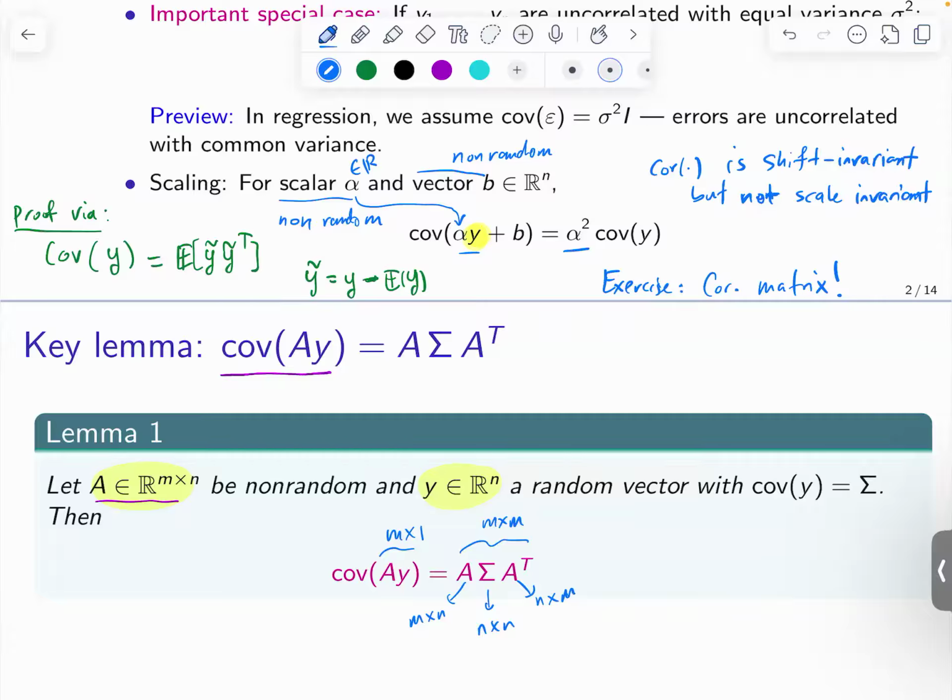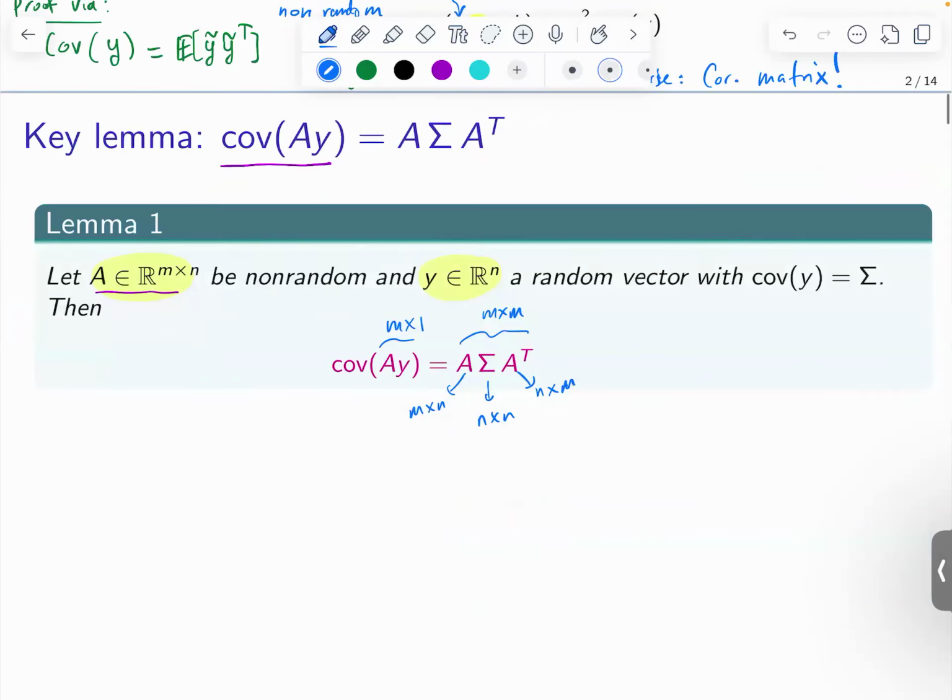So let's try to prove it and we'll see. How do you prove this? Proof. The covariance of AY. Let's call AY u. I'm going to call this a new random variable u, so I want the covariance of u.